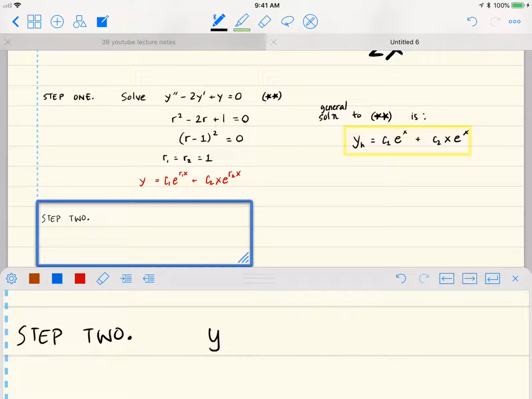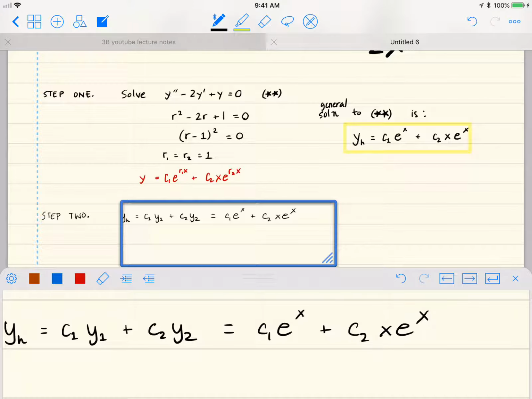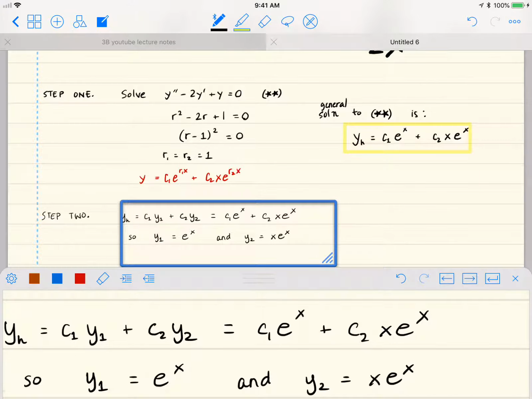Since yh is equal to C1 y1 plus C2 y2, and that's also equal to C1 e to the x plus C2 x e to the x, y1 must be e to the x, and y2 is equal to x e to the x.